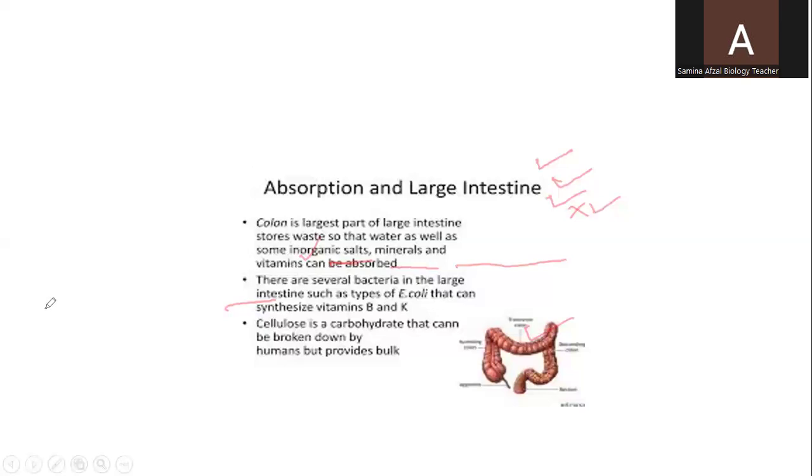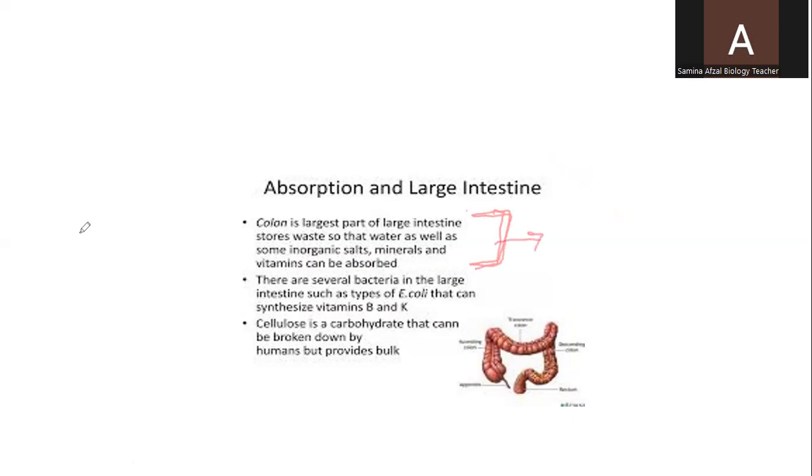How does absorption in the large intestine take place? The colon is the largest part of the large intestine, and it stores waste so that water as well as some inorganic salts, minerals, and vitamins can be absorbed.